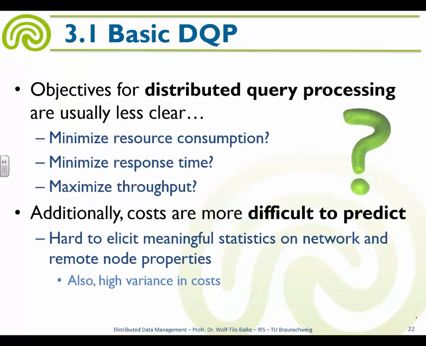Now, if we have distributed query processing on our different architectures, what are our main concerns here? Do we have to minimize the resource consumption? Everything is shared, so the computational power is shared, the disk is shared, a lot more concurrency. Do we minimize the total response time? I want the results to a query and I want them fast. It does not matter where the data is shipped or how the query is parallelized or not parallelized.